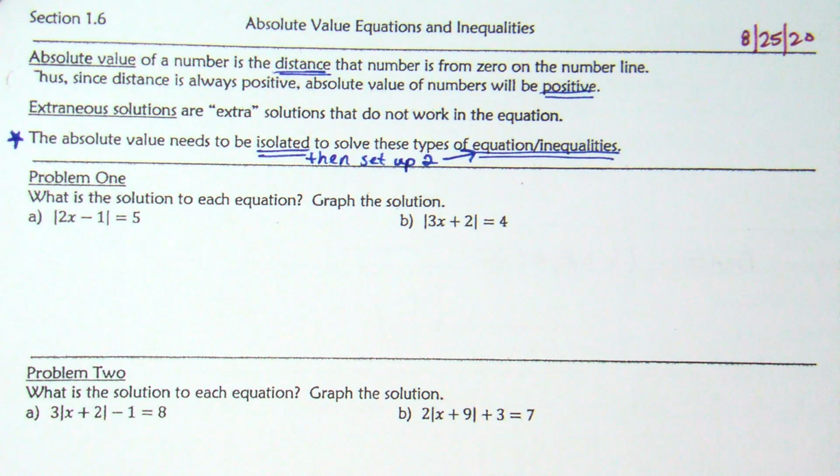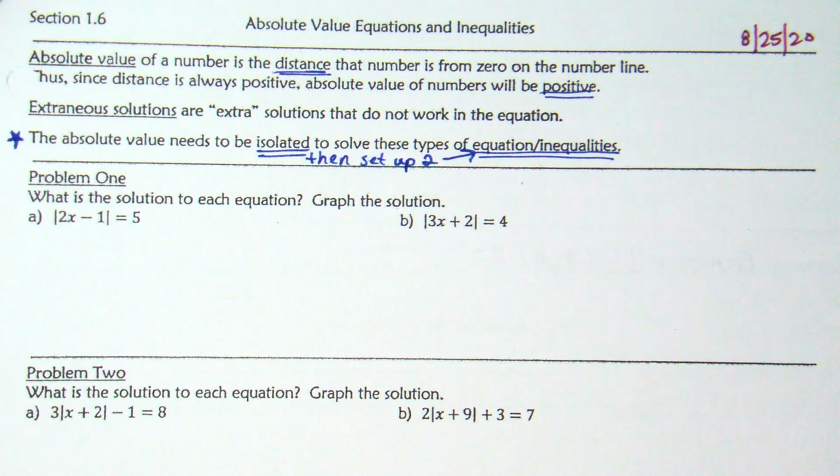So once the absolute value is isolated, what am I going to tell you? Need to set up 2, right? 2 equations or inequalities. In this case, equations. Do we remember what these equations look like? The first one's easy.